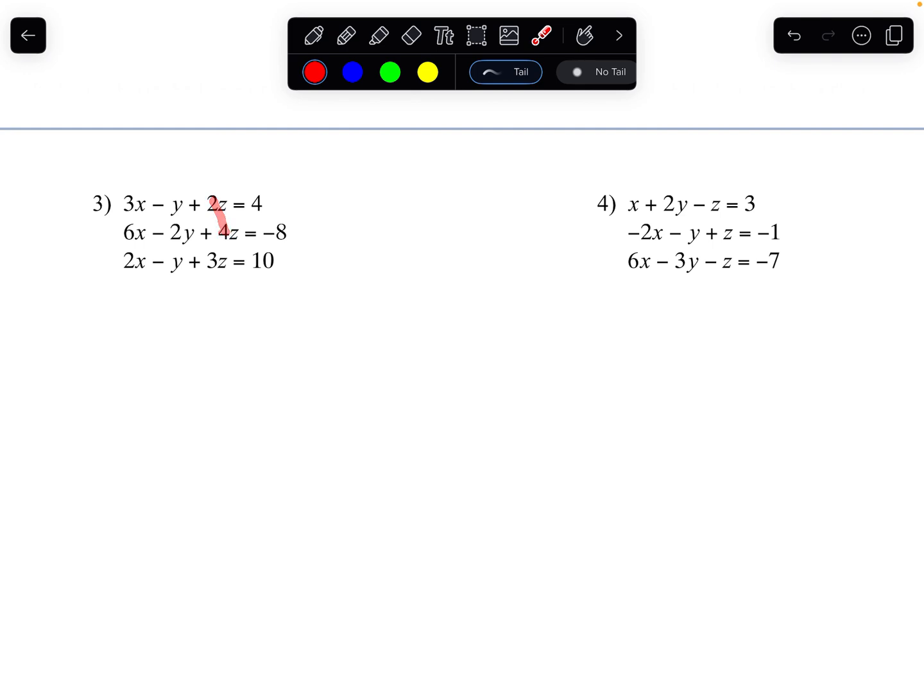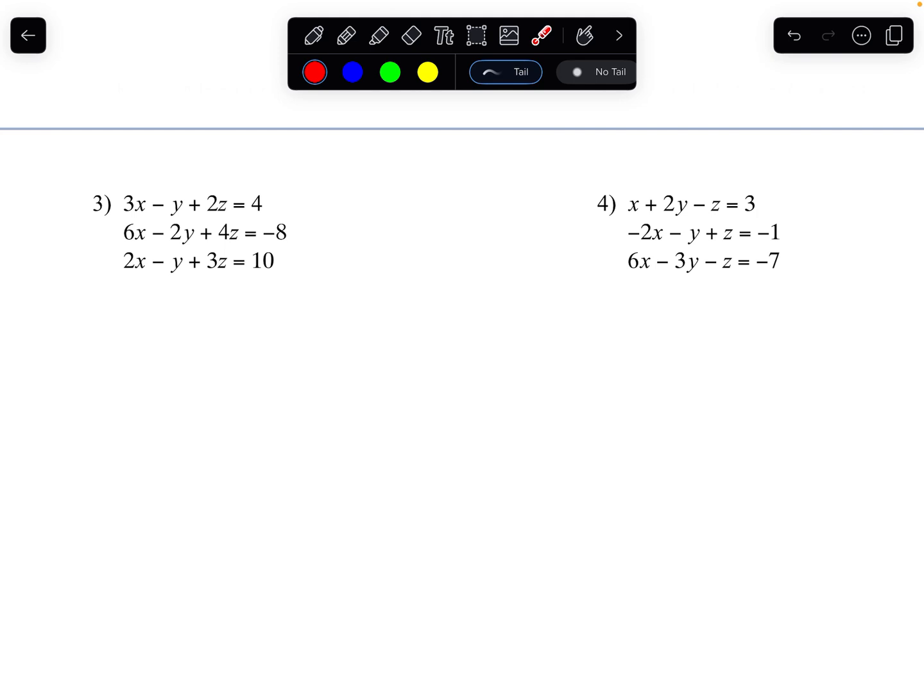That's of course nice, but neither 2 or 4 or 3 kind of share quick, easy factors. But I do like the y's here because I have 2 without a coefficient other than 1, right? So yeah, that's looking kind of nice in my opinion.